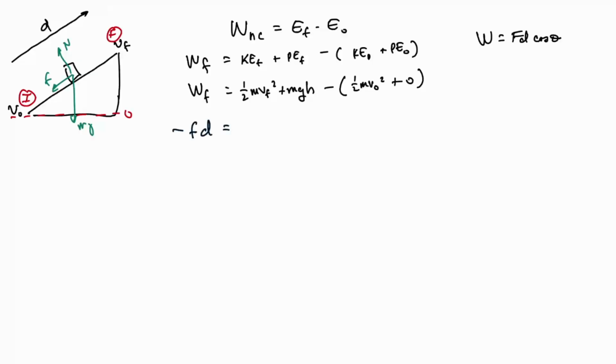It is the negative. Because what's the angle between the direction and the force? 180. What's cosine of 180? Negative 1. Right? So this is force times distance times cosine 180. Cosine 180 is a negative 1, right? So it becomes minus FD. I tend to not think about this. I just go, oh, force opposite D, negative FD.